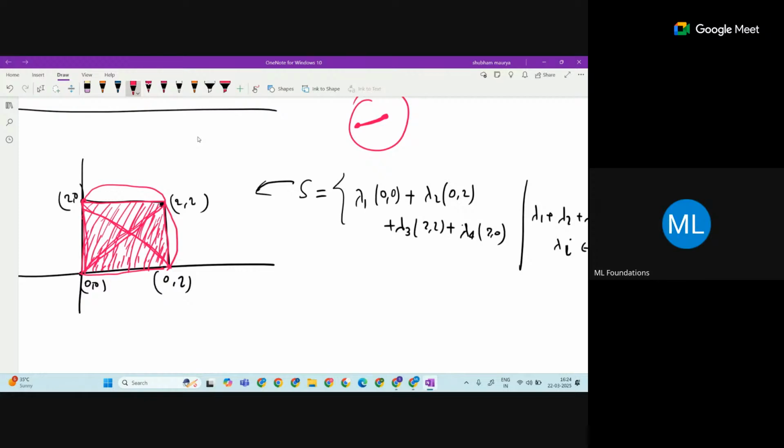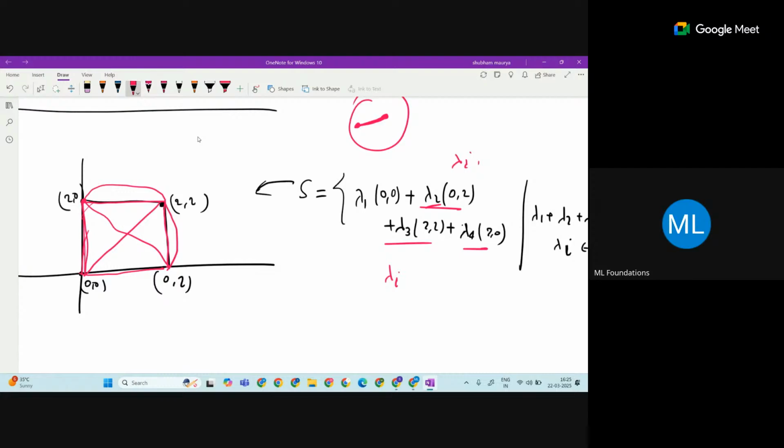And here the lambda i's are going to be within that. It is not that one is 0 and the others are non-zero. So that's why the region we get here is this convex hull, which is a square.